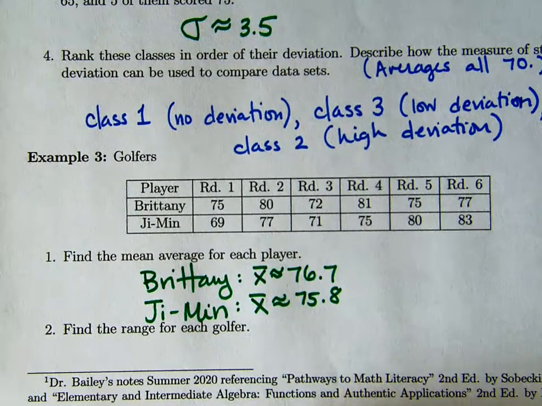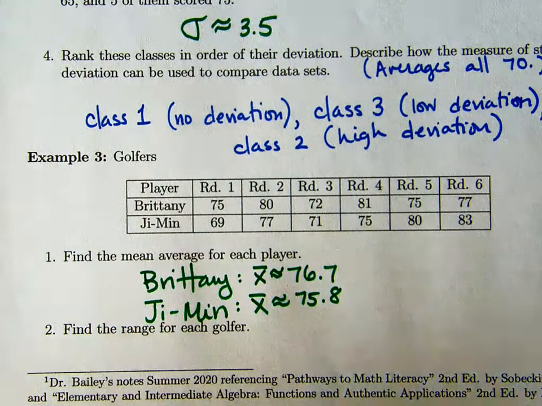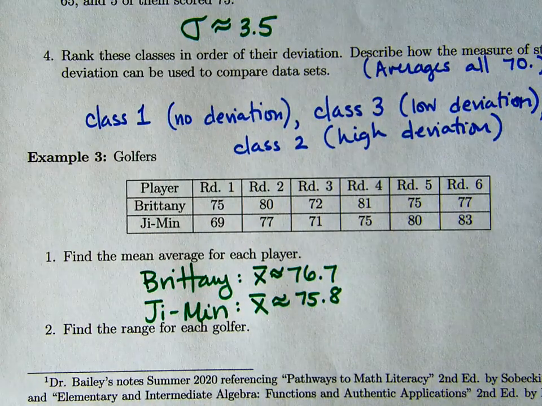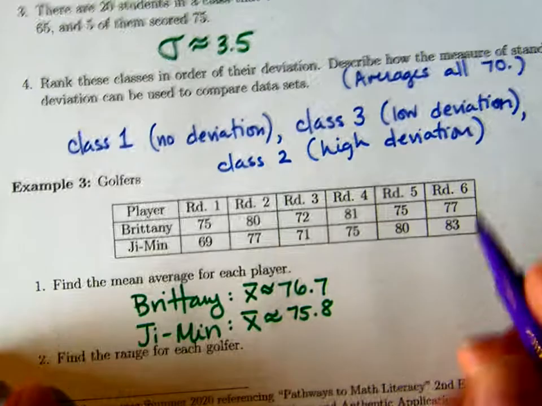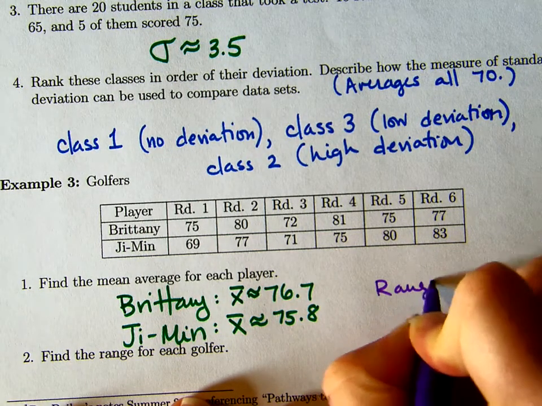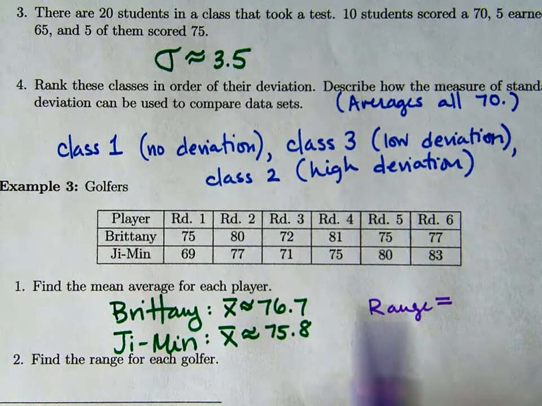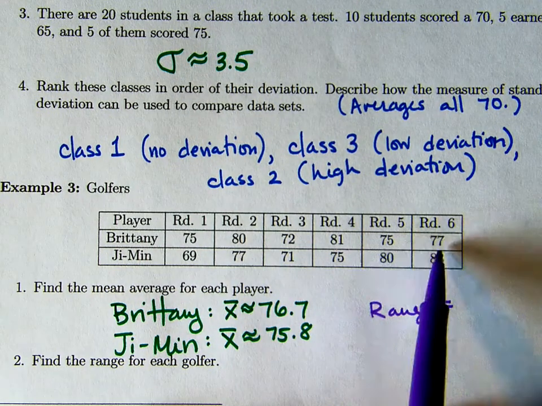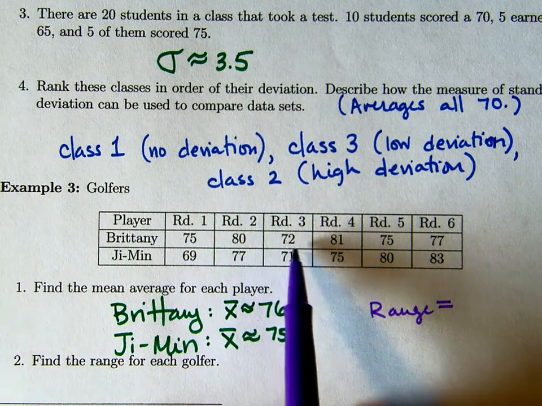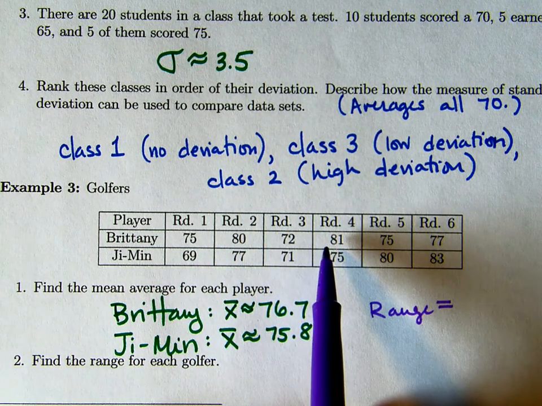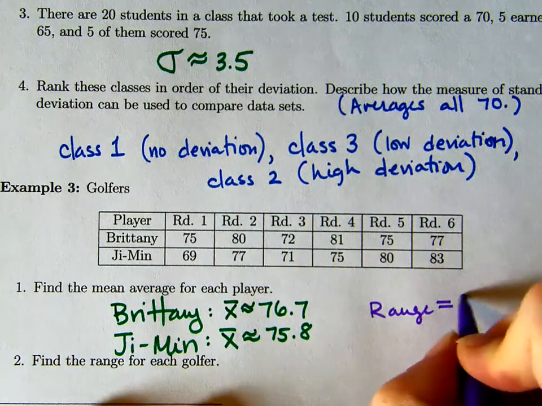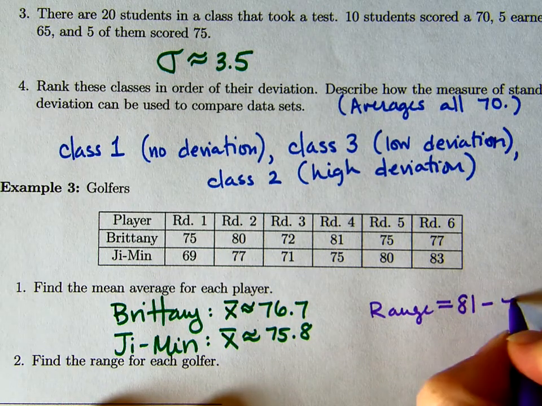Find the range. Okay. The range is the maximum minus the minimum again. So Brittany, and I'm just going to write it up here. Brittany's range, let's see, the maximum here is 81. The minimum here is a 72. The difference between those is 9. Those are 9 apart. So 81 minus 72.